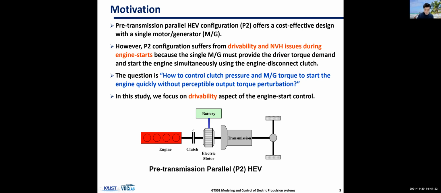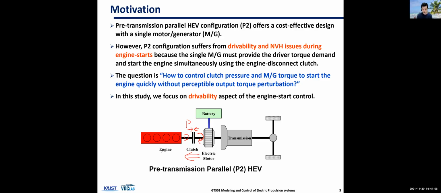For instance, you can start engaging this clutch, and this side was rotating, right? But engine side was not rotating. And if you start to engage, put pressure on the plate, there will be friction. So there will be torque and power transferred to the engine, because this side is faster than this side.